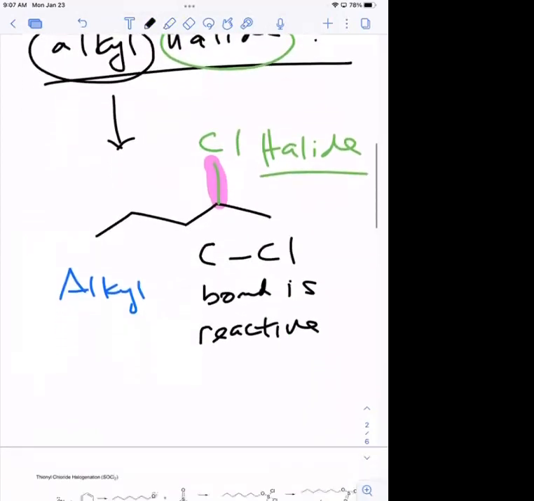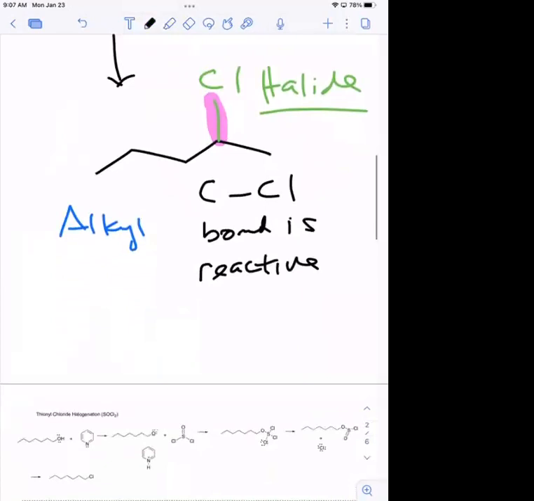Right, and some of the stuff that we're going to talk about, especially when we talk about organometallics, is coupling reactions, how to take alkyl halides and couple them to other alkyl halides and make new carbon-carbon bonds.